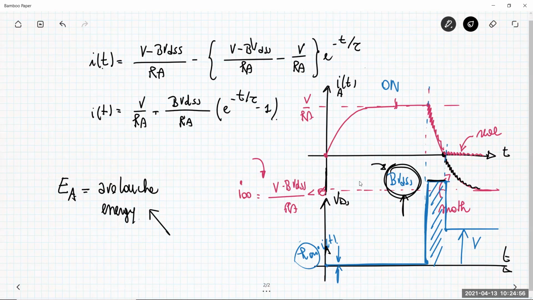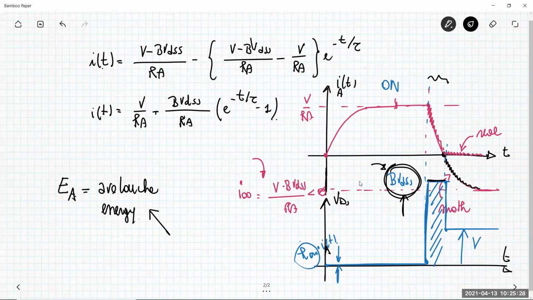Just as an example, try to find out for that specific situation which is the energy involved, because by understanding the energy involved in this specific operating region, when the MOSFET goes into the breakdown region, maybe we have some tools by which we can reduce this energy to make the situation safe.